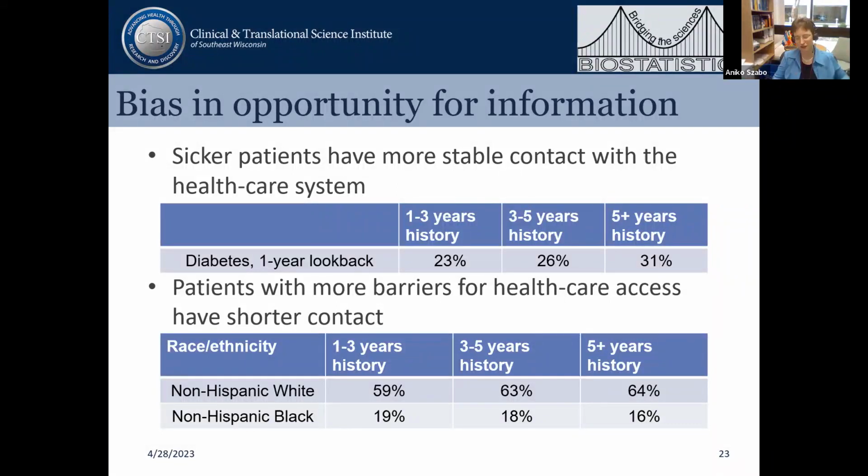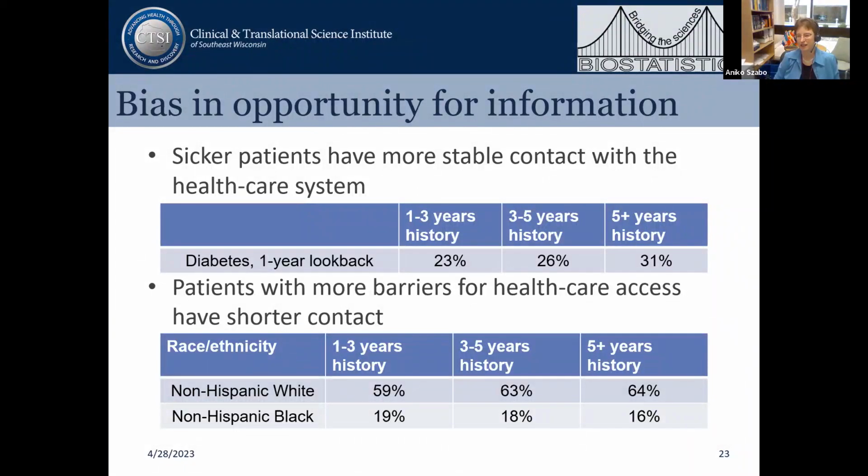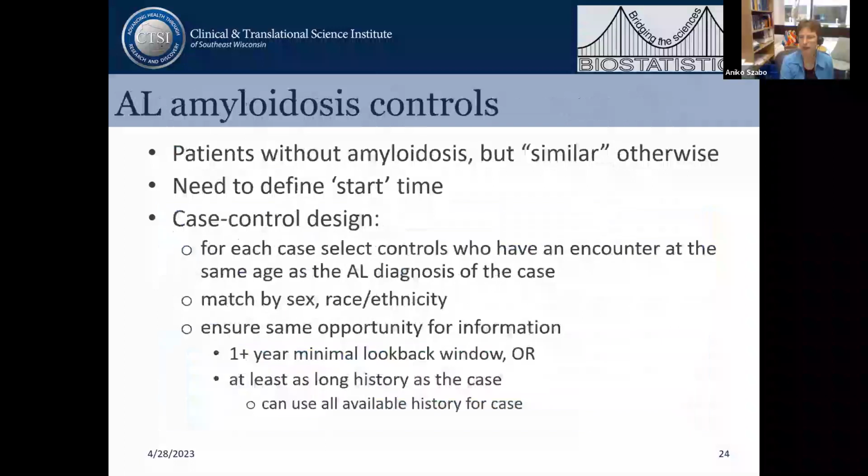And this whole thing is so difficult to figure out in what way things bias and which way they don't bias, because there are many things happening at the same time. So it's really important to think about these issues, about how you are going to try to avoid or minimize these biases. You certainly cannot avoid them, but at least you can minimize them by thinking about it and trying to adjust for it.